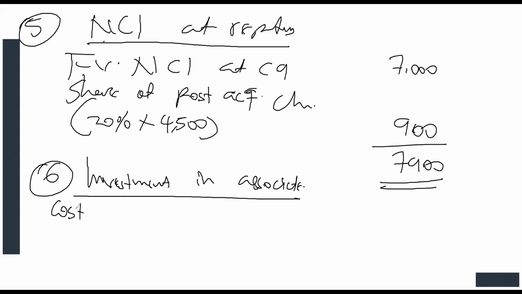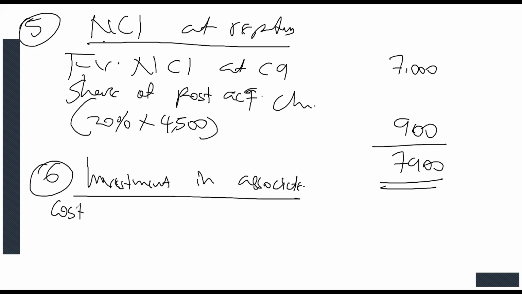Please, this is what you call the equity accounting method. I'm expecting the examiner to ask you the definition of the equity accounting method and how it should be done, because currently the IASB are revising the definition and the process of accounting for associates using the equity accounting method.